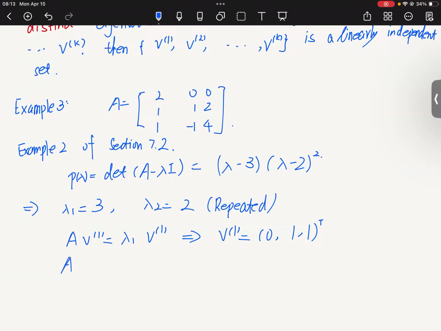If we substitute lambda 2 into this eigenvalue equation, we might get 2 eigenvectors corresponding to lambda 2. Then we got V2 as (0, 2, 1) transpose, and V3 as (-2, 0, 1) transpose.